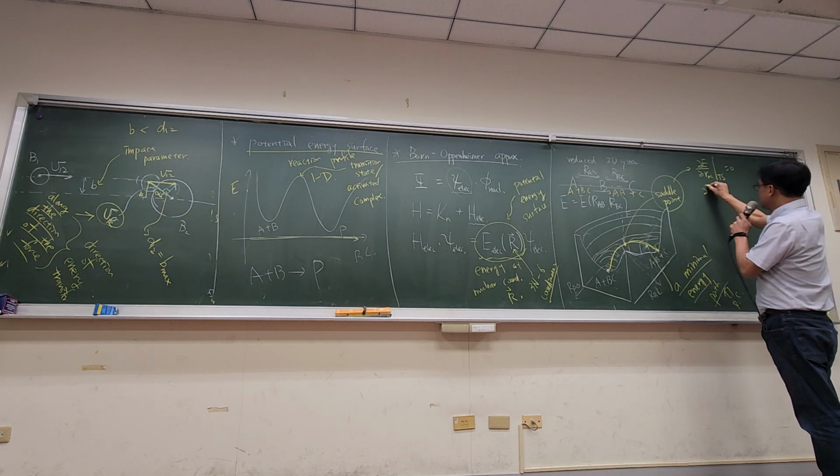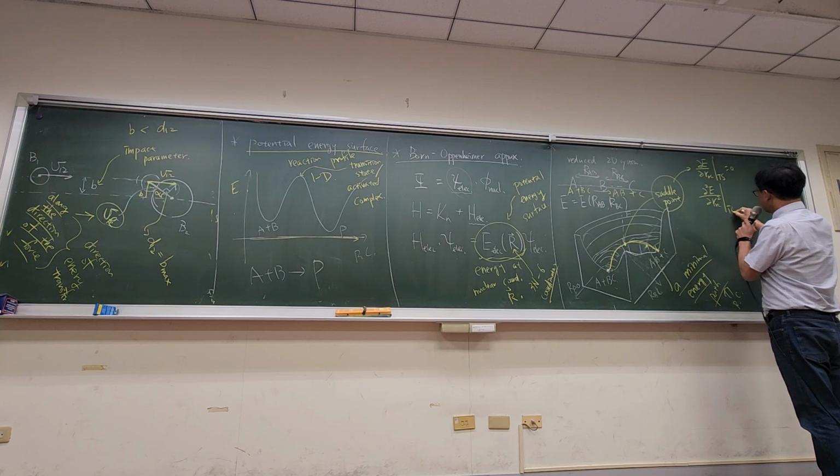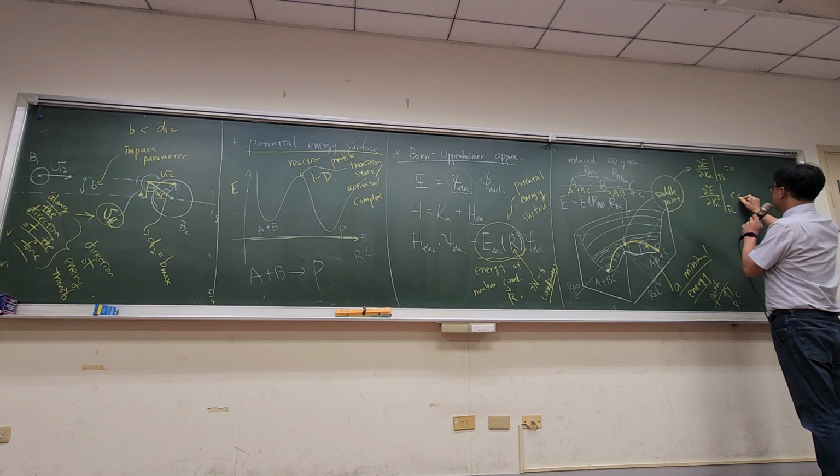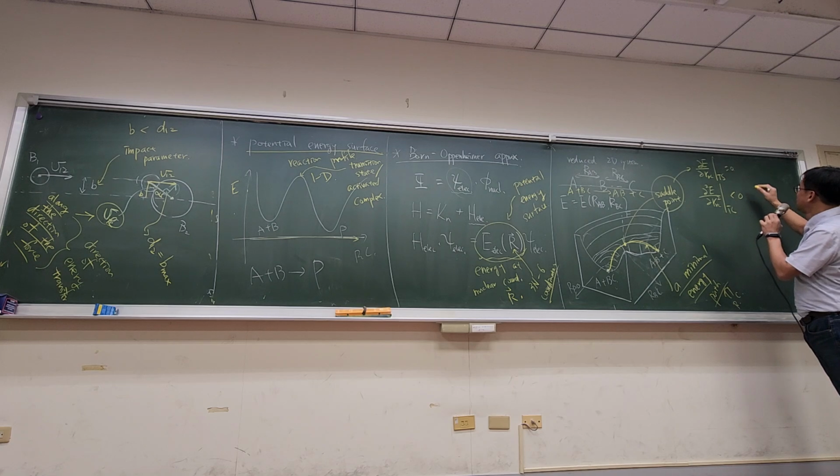And the second derivative at the transition state will be smaller than 0. And for all other coordinates, this will be... this is actually not necessary.